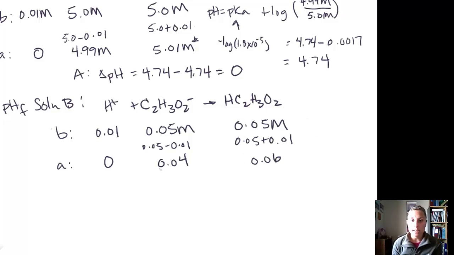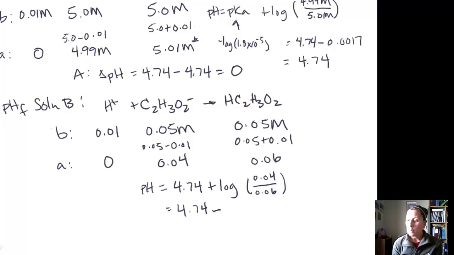And so now we can again use the Henderson-Hasselbalch equation. pH equals pKa, which is 4.74, plus the log of our base, 0.04, divided by our acid, 0.06. And that gives us 4.74 minus 0.18, which gives us 4.56.